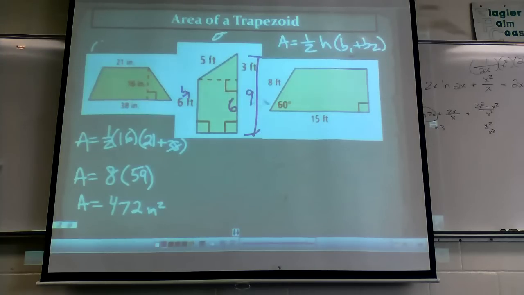is 9. Okay? So if I was doing the area there, I can start that area formula as 1/2 times those two added together. I just need to find the height right here. Like I said, it's a right triangle. You've got two sides of a right triangle. What do you use to find the third side? Pythagorean theorem.